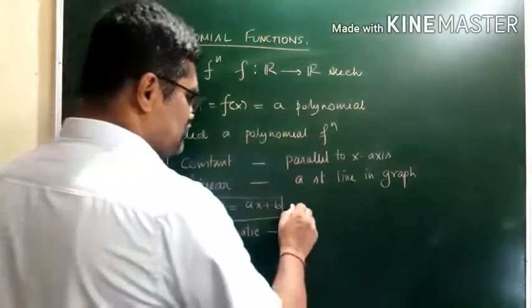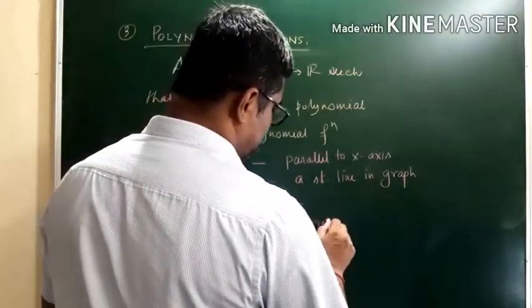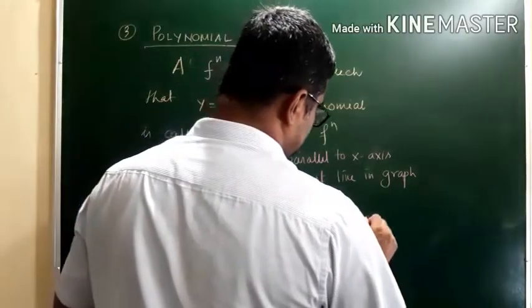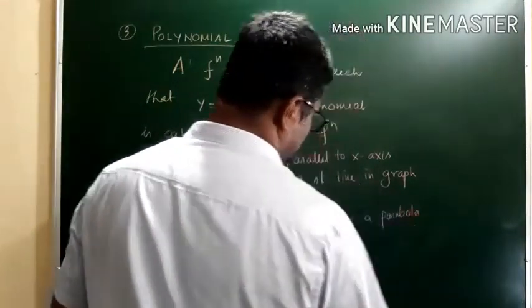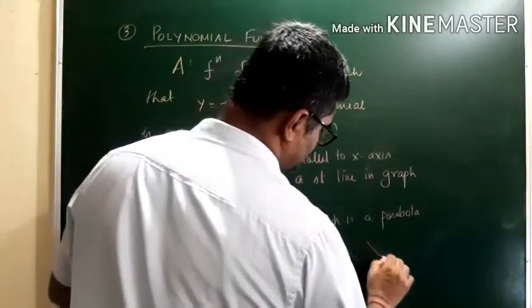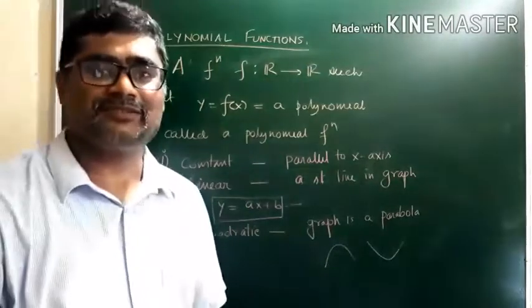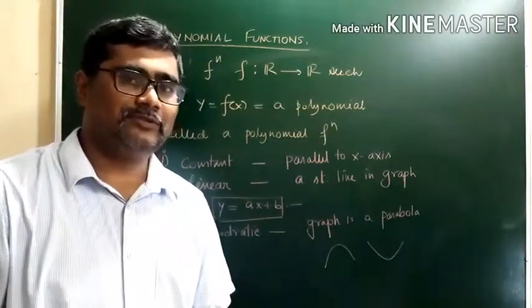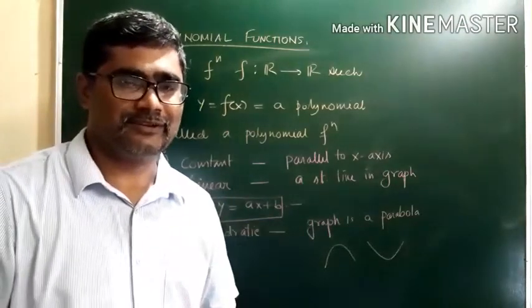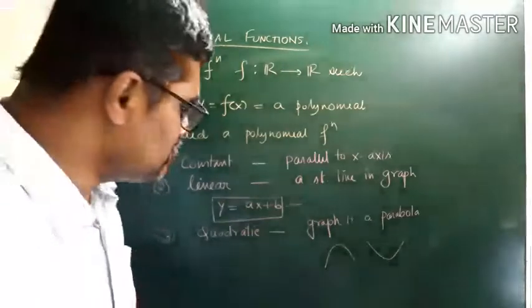This is known as a parabola, right? So the graph is a parabola. What is the format? Either this or this type. For parabola, there are two more types. Why they will not be there, I will not discuss right at this moment, but I will discuss it afterwards. Now you come to cubic.